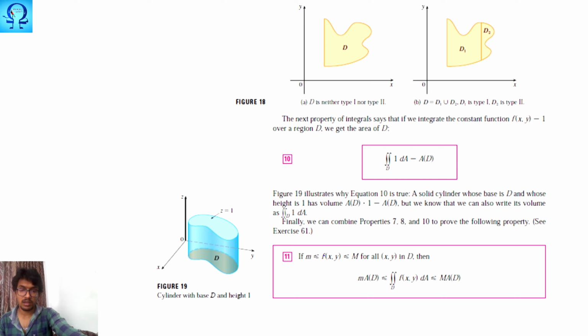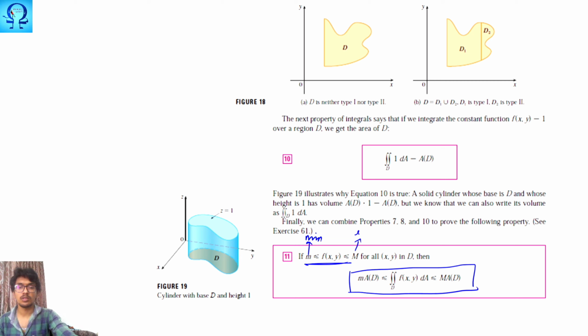And if you can find the supremum and infimum of the function f, then the infimum times the area of the domain is the lowest possibility for the integral. Sorry, actually m is the infimum. I have said the infimum and so on. This is the minimum value. Infimum is some minimum value.